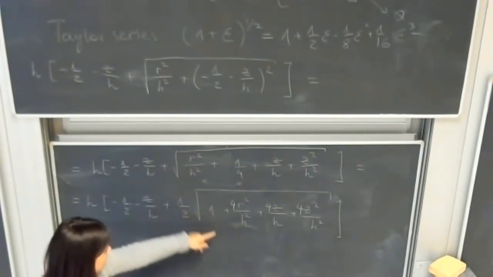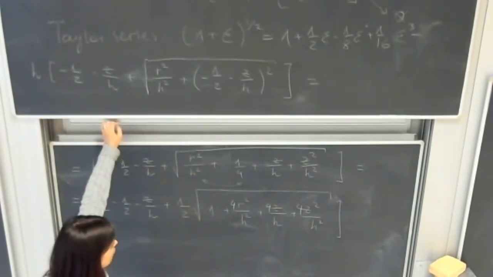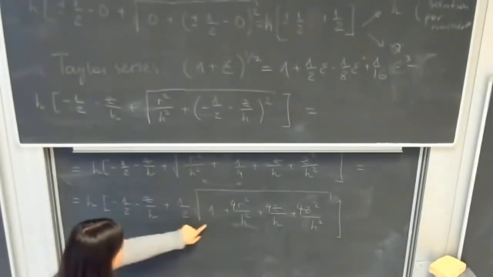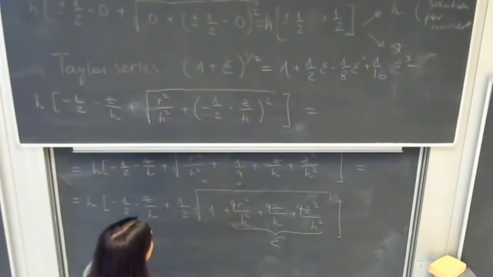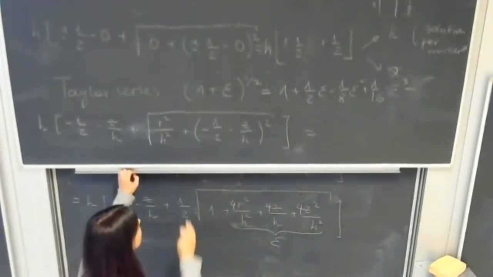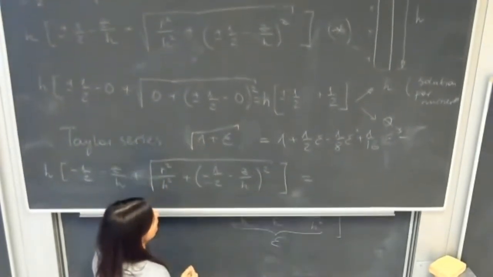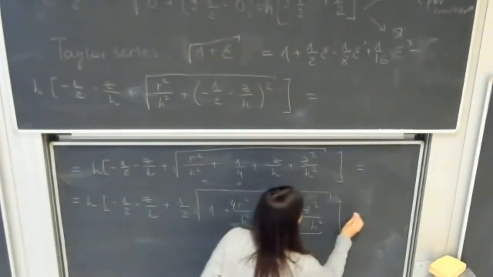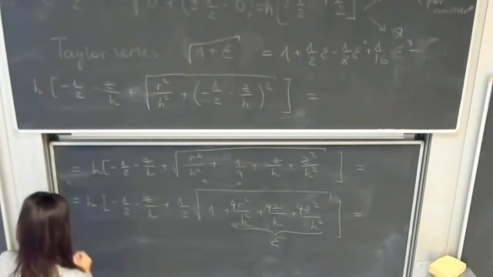Yes, this is correct. So now we have the expression to apply the Taylor expansion, Taylor series. So it's 1 plus epsilon in a square root. Here is also a square root. Keep it consistent. And now we can use the expansion.